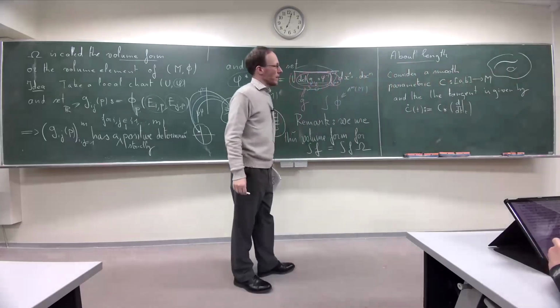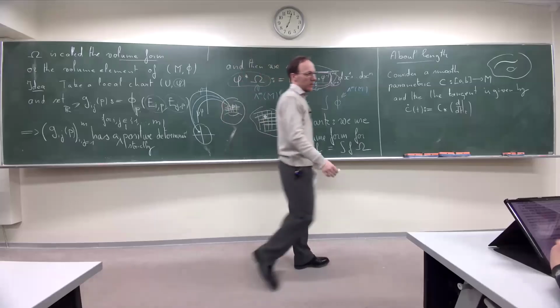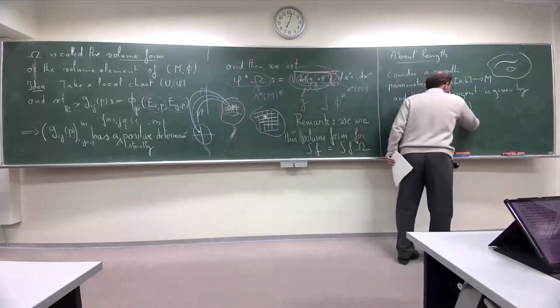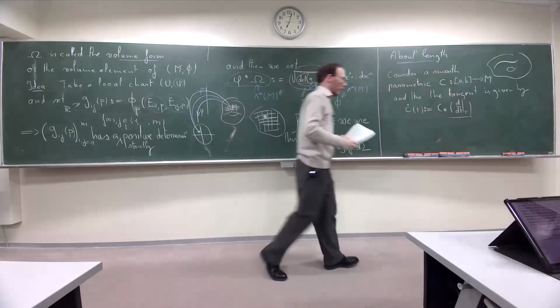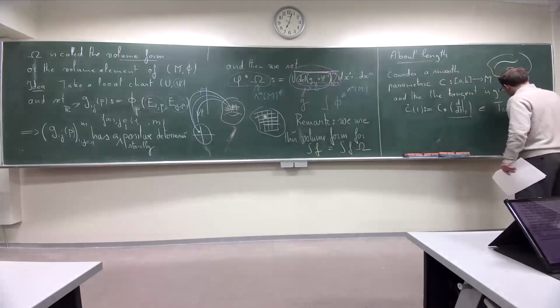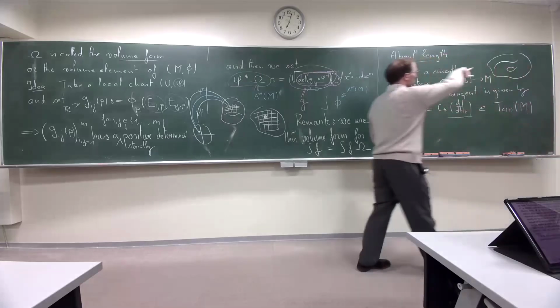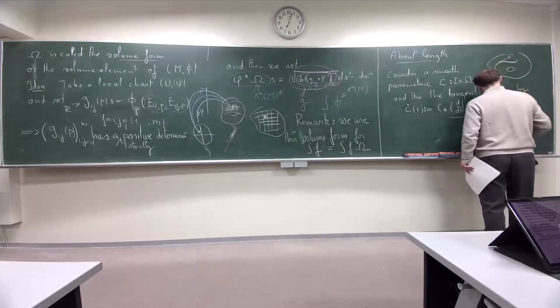Why do I recall this? Because if the manifold is not in a bigger space, we have to give a meaning to the tangent vector, and this was the meaning we gave. This is an element of T_{C(t)}M. It's an abstract version of what you would draw on this picture as a tangent vector.